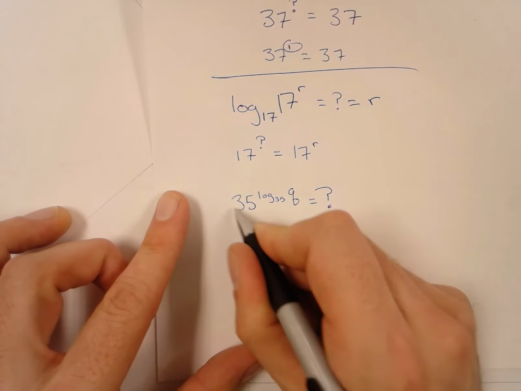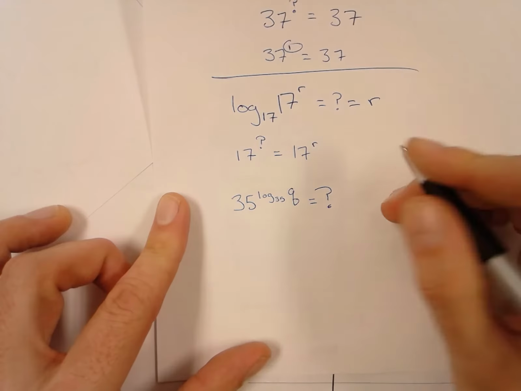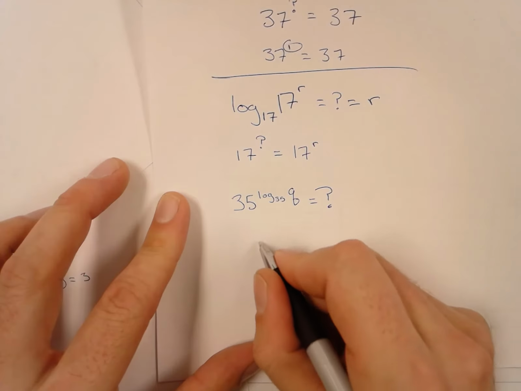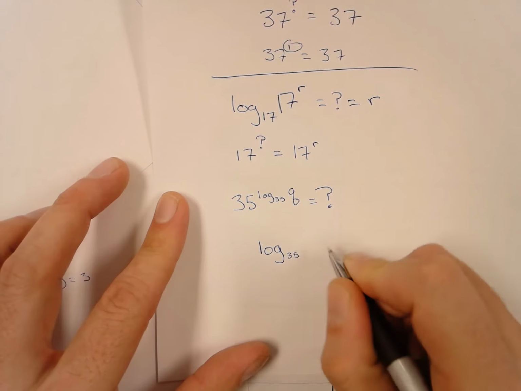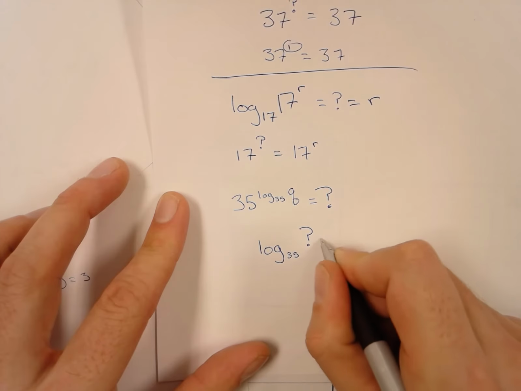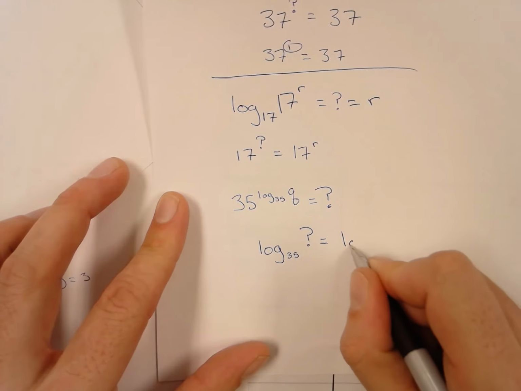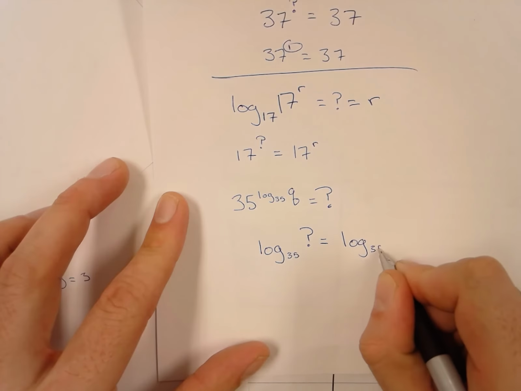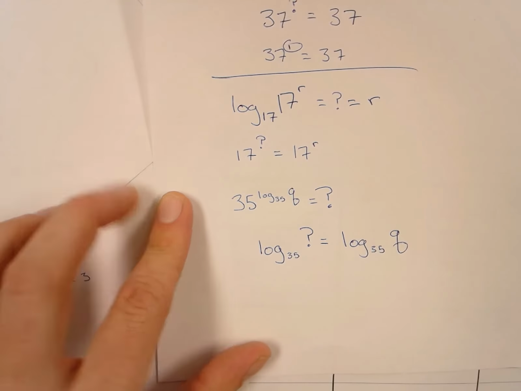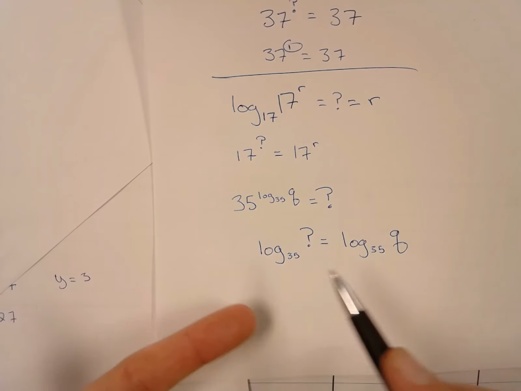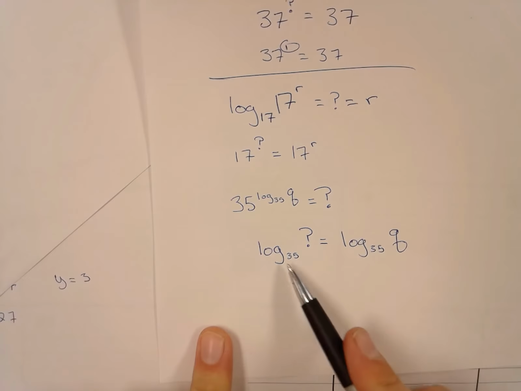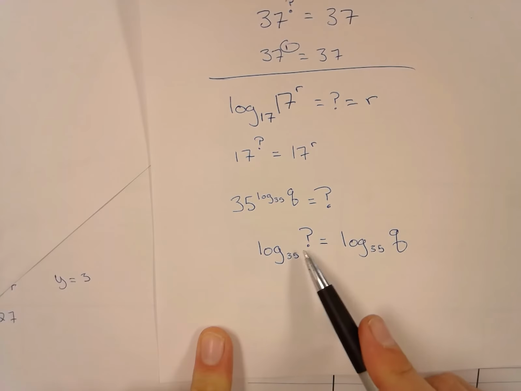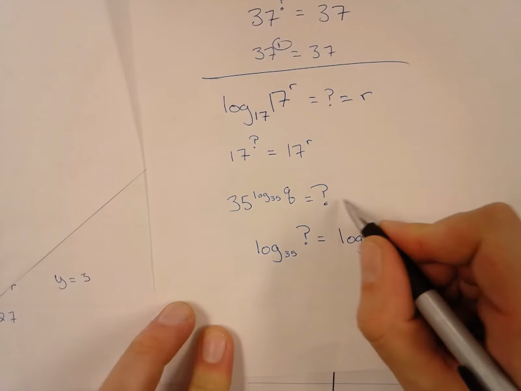Let me rewrite this as a logarithmic expression: log base 35 of question mark equals log base 35 of Q. And when you convert it to this form, hopefully it is very obvious the only way that this statement is true is if question mark equals Q.